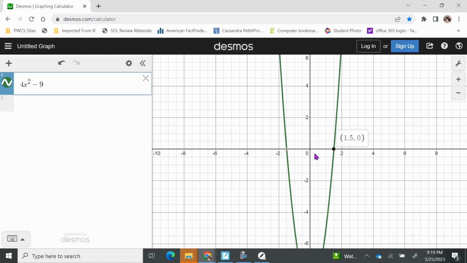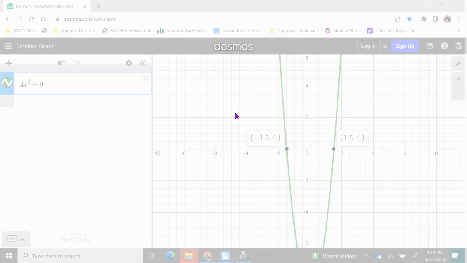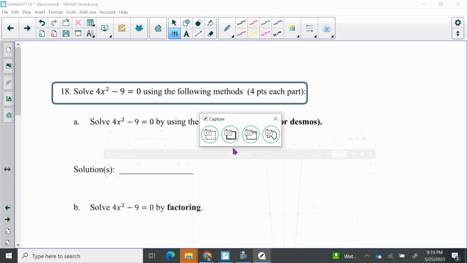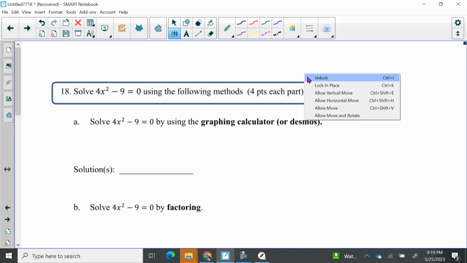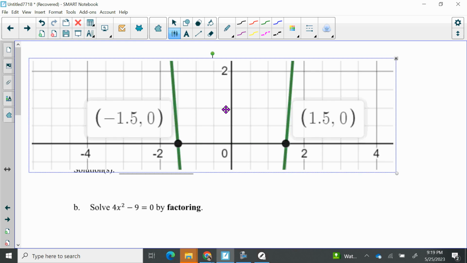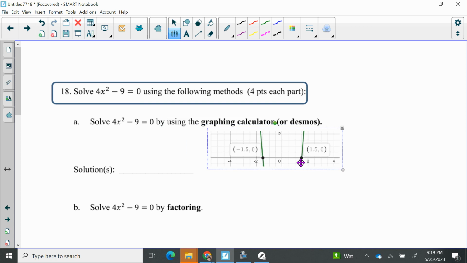We can do this several ways. We can use the quadratic formula. We can factor. We can also use a graphing calculator. None of these are better than the other, but sometimes one method might be easier than the other.